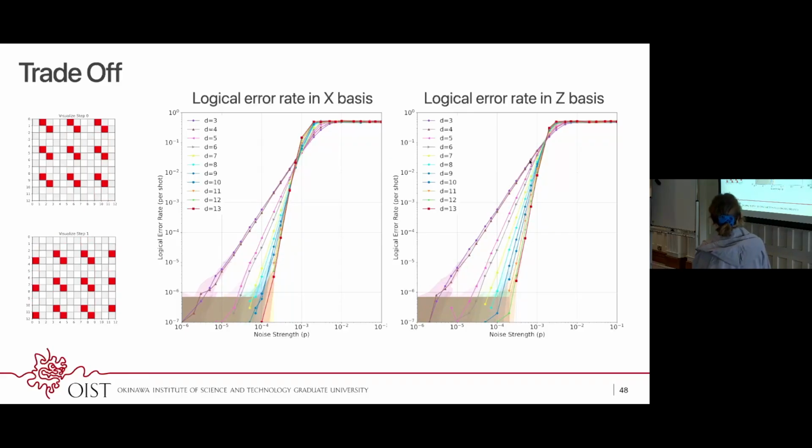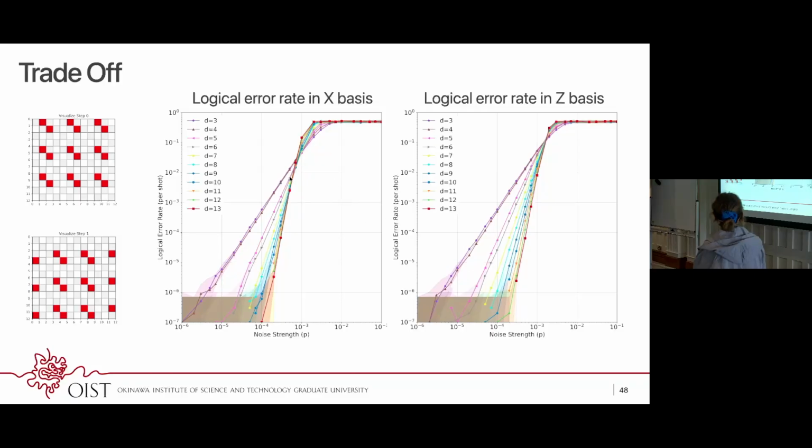And in order to compare with the previous example, in this example we choose only a quarter of the available Z stabilizers as the preserved stabilizers. In these cases, we choose fewer preserved Z stabilizers, and the result is obvious.